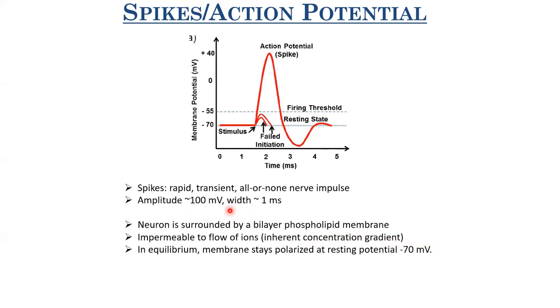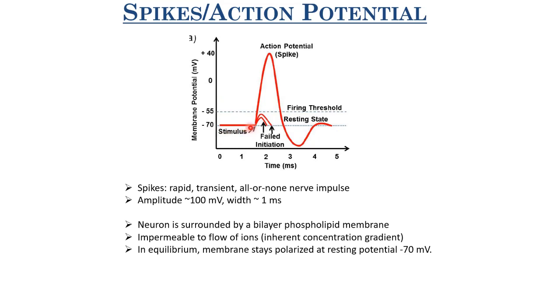Now, since it's at a resting potential of minus 70 millivolts, you can also receive neuron spikes from several other neurons, and they are integrated at the neuron. This I'll discuss later, how this action potential spike is generated. The thing that you should remember here is that there is this firing threshold, which is close to minus 55 millivolts, and there is this stimulus coming from all these incoming neurons to this neuron under consideration.